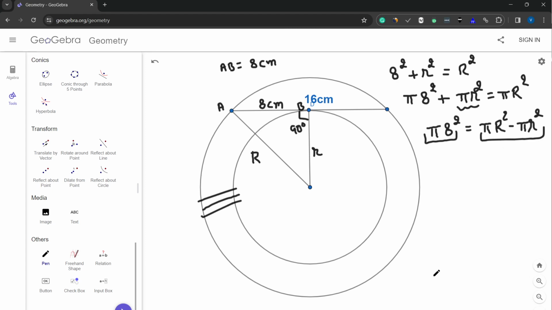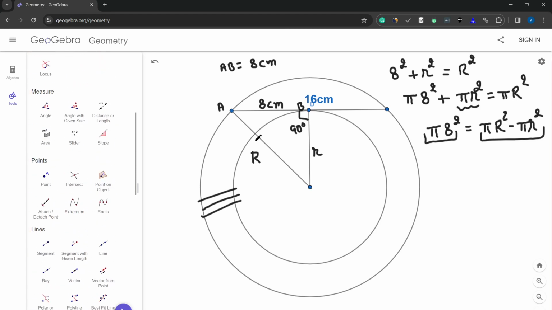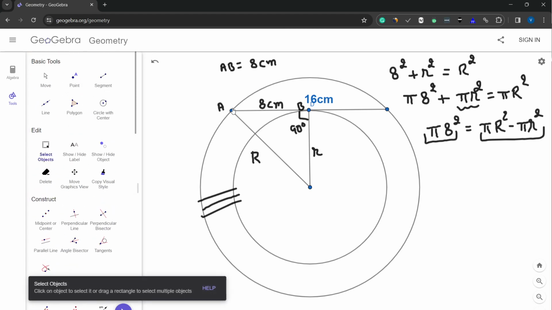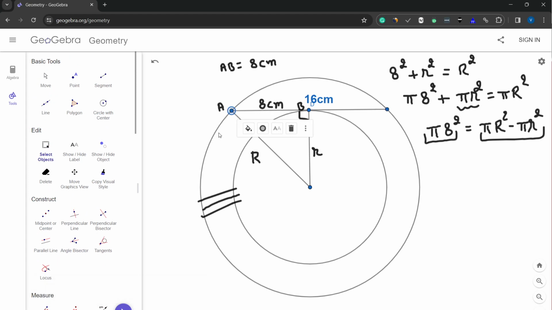Now let us look at the second method of solving this problem. Now let's assume a situation where the radius of the smaller circle keeps reducing. So if you keep reducing the radius of the smaller circle, then what happens is this thing, it just keeps increasing.